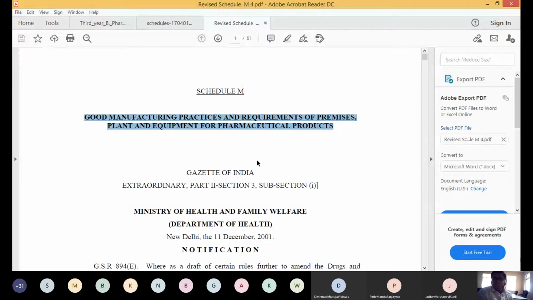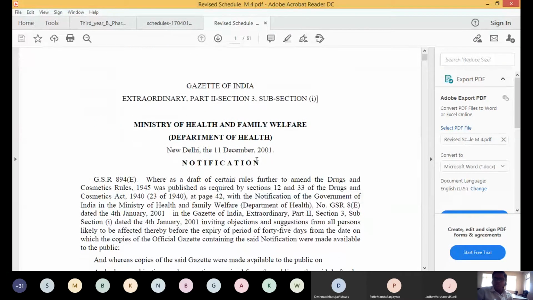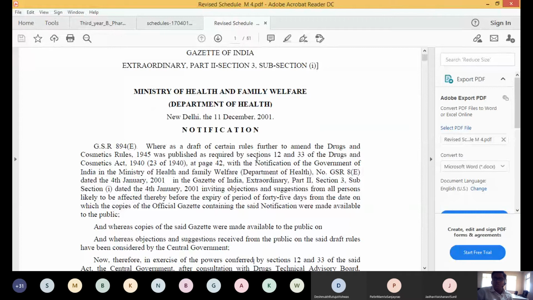Then see the Gazette of India, Ministry of Health and Family Welfare, Department of Health. They have released the notification in New Delhi, 11 December 2001. This is the latest Schedule M, an amendment.